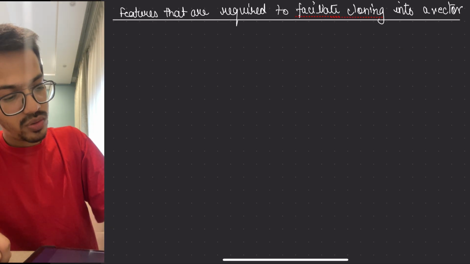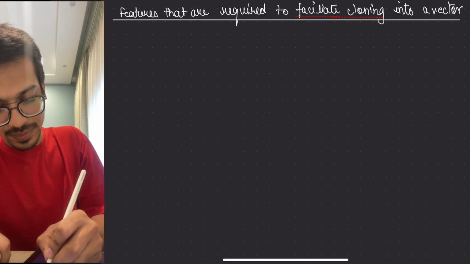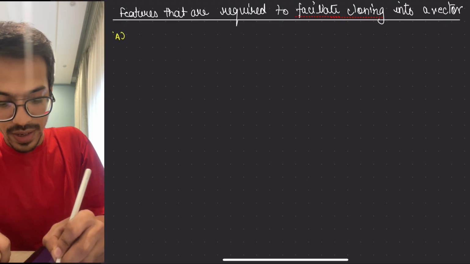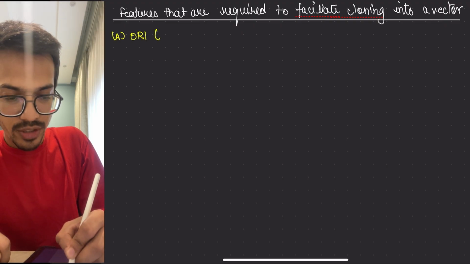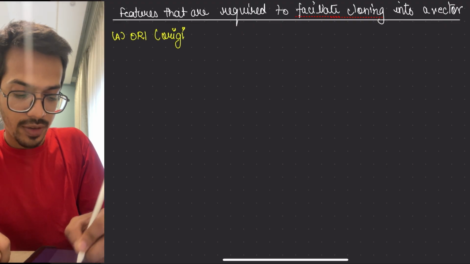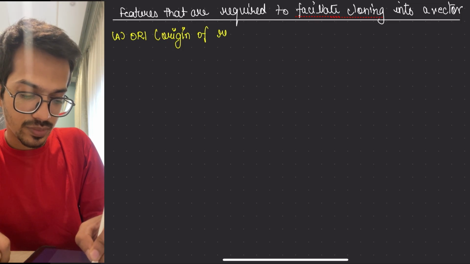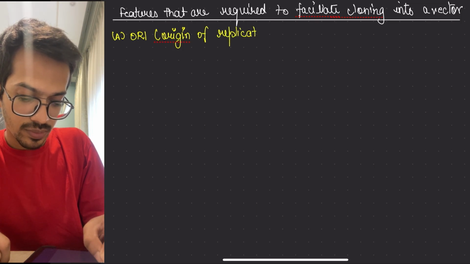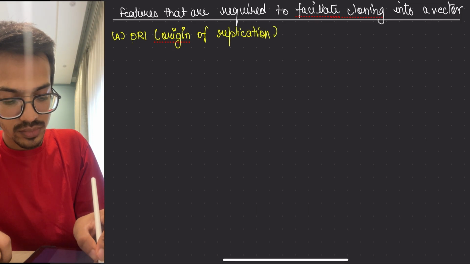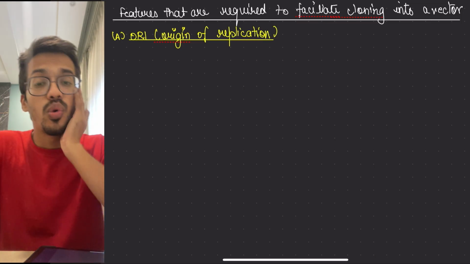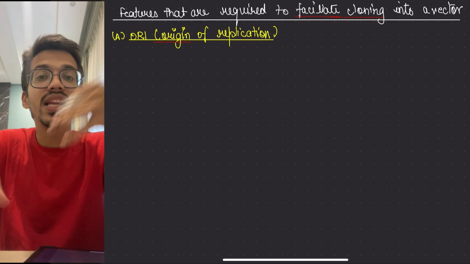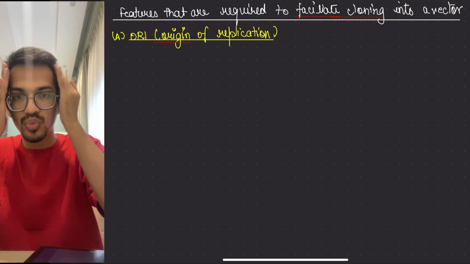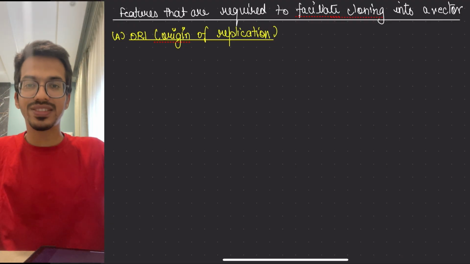Okay, so number one, A is ORI, that is origin of replication. Origin of replication will do what? It will initiate the self-replication of the plasmid. Means 1 to 2, 2 to 3, 2 to 4, 5, 6, something like that.